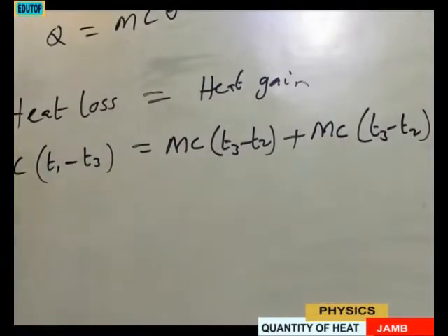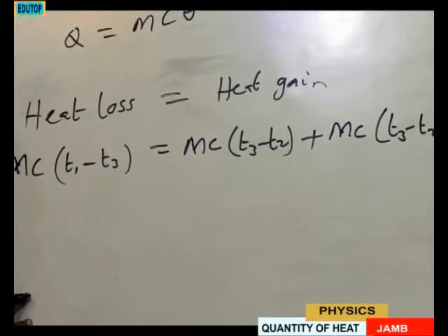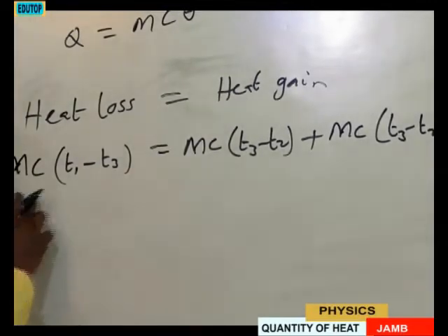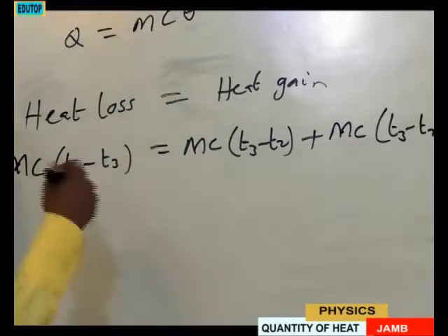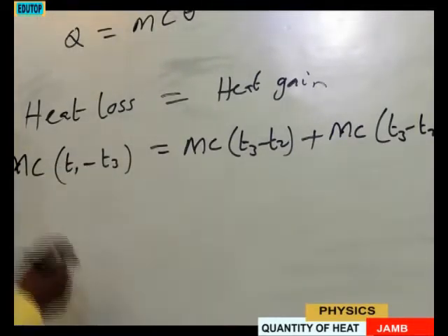This formula is telling us a situation whereby we have a calorimeter, which we use to measure the amount of heat. Okay? So let us assume we have a calorimeter, we have water, you put it inside.